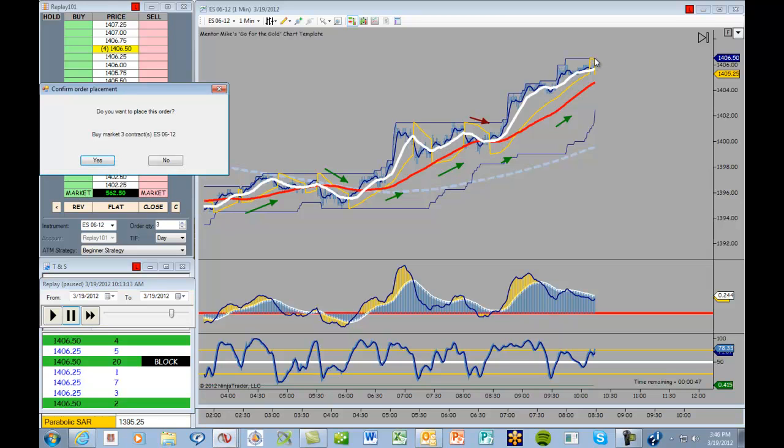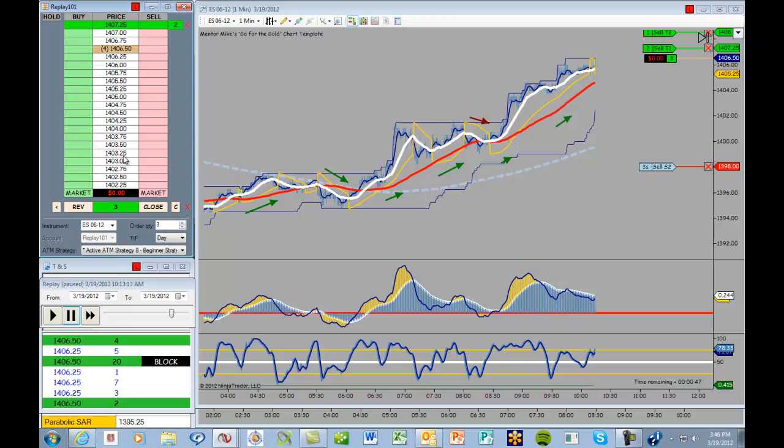Looks like the price is hitting the current high. So to make money, we got to make a new high. Will we? I hope so.